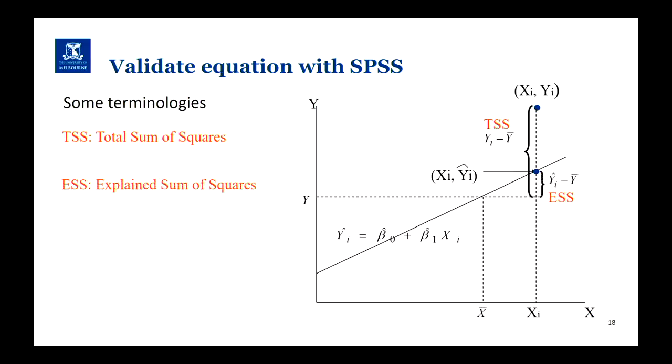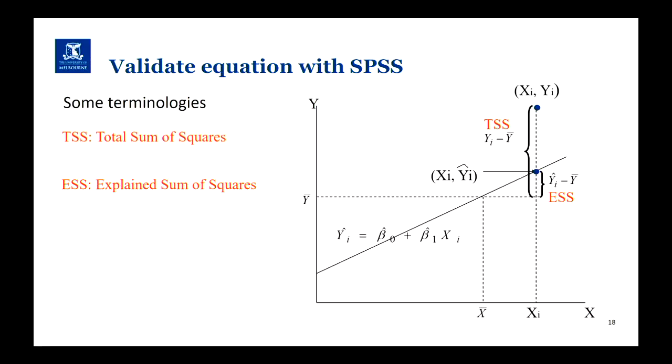Okay, so that's one thing. And we have another sum of squares, called the explained sum of squares, so ESS. Here we can see that is y hat. It records how far the estimated y, or the estimated value of the dependent variable, is from the average.